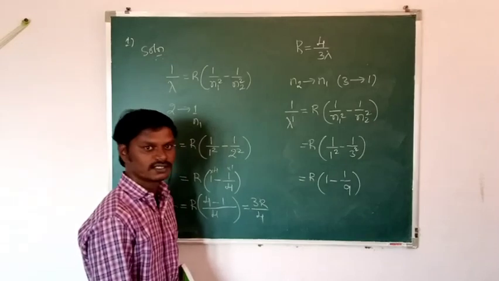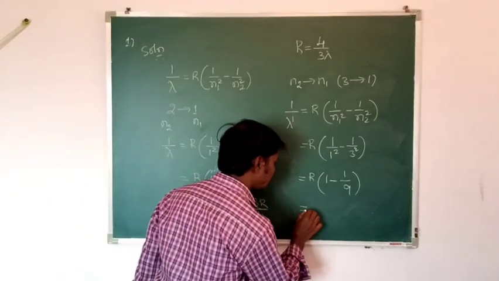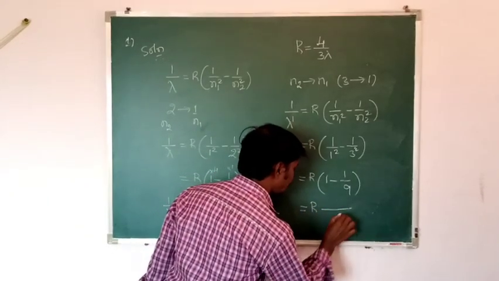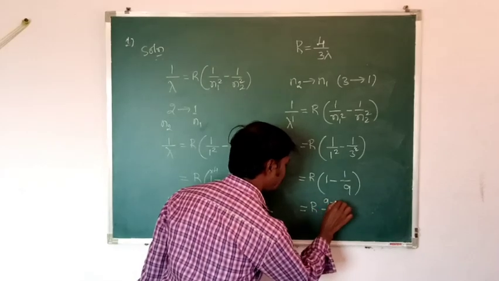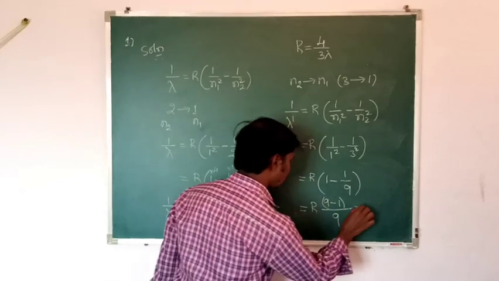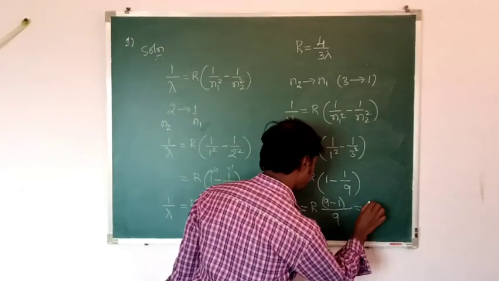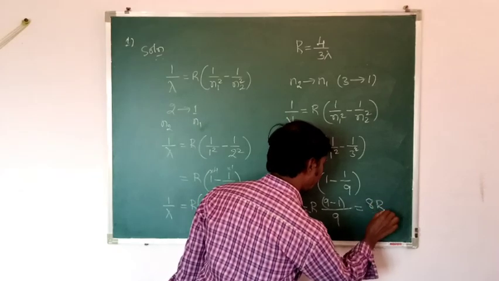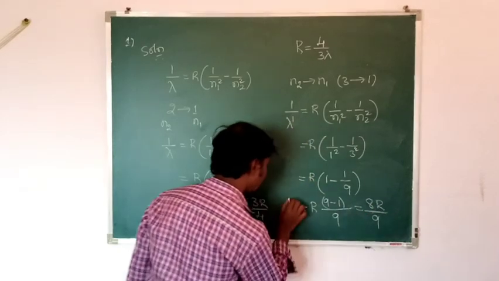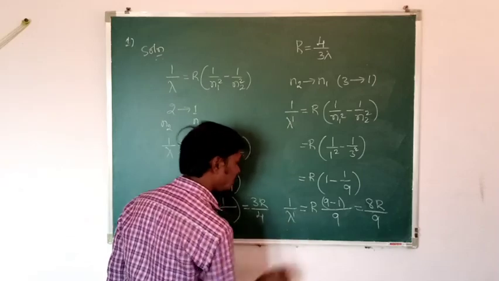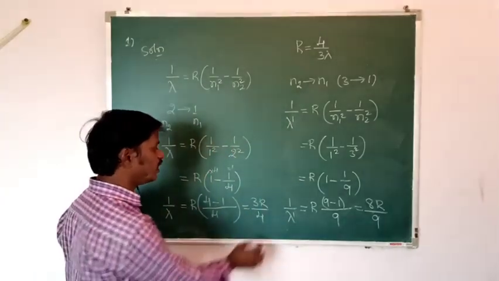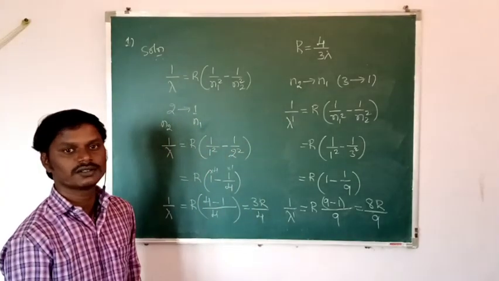So what is the LCM here? LCM is 9. Then it is 9 minus 1, so it is 8R divided by 9. Then it is 1 by lambda dash. What we require now is lambda dash.